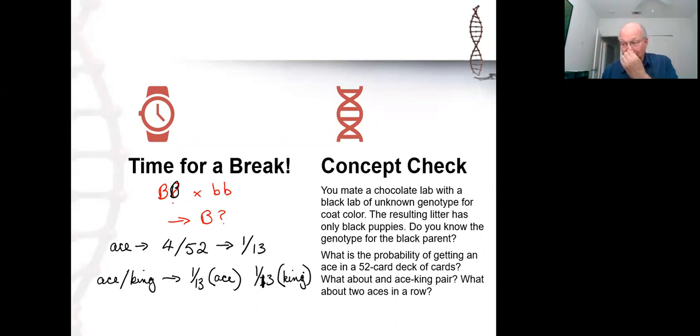And if we want the ace and the king pair, we need the ace and the king. So that's going to be our law of multiplication. So it's going to be 1 out of 13 multiplied by 1 out of 13. I'm not sure what 13 times 13 comes to, but I'll do it this way, 1 out of 13 squared, because we're going to multiply them together.